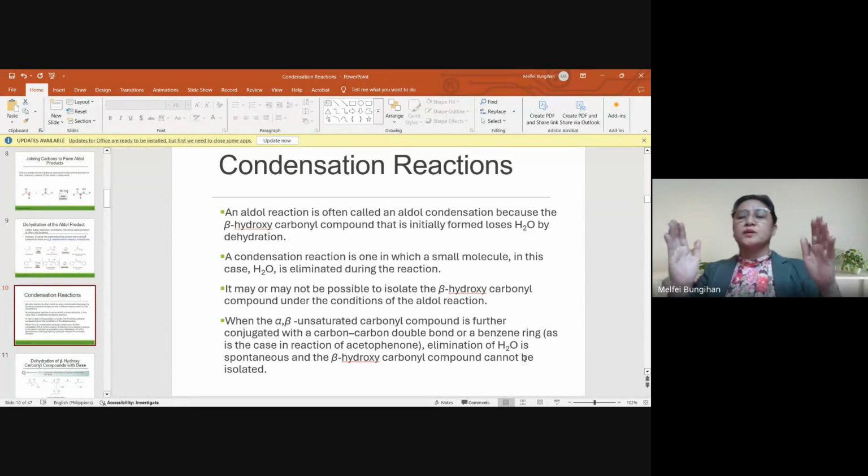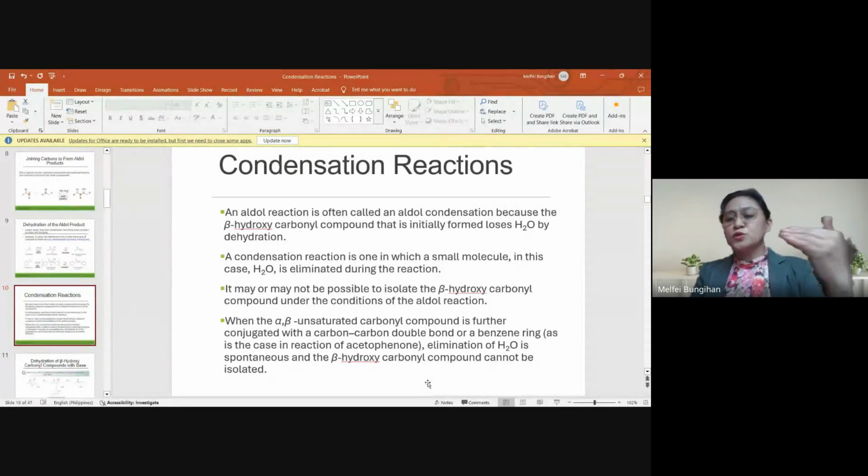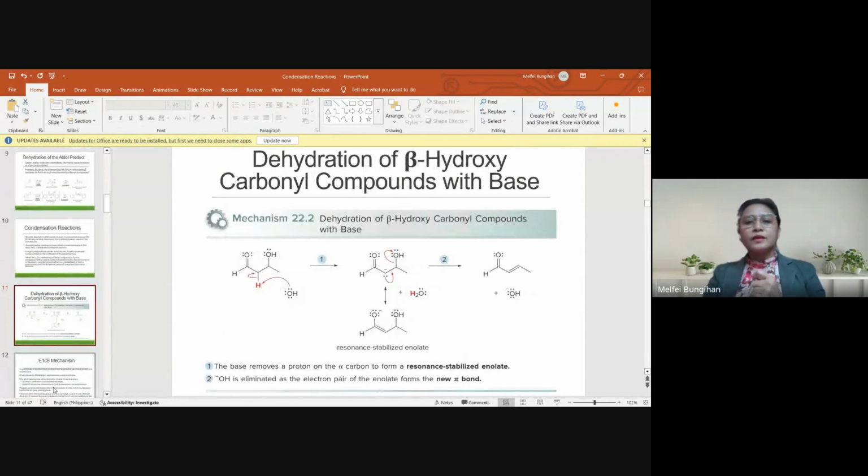That is why we cannot isolate the beta hydroxy carbonyl compound for very large molecules. There are benzene rings and double bonds present in the molecule, so usually it goes through the product of removal of water, which is your alpha beta unsaturated carbonyls.